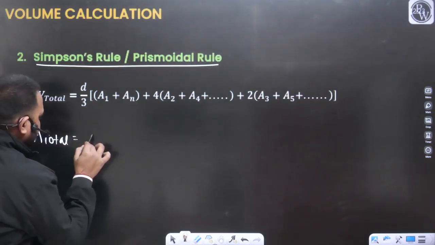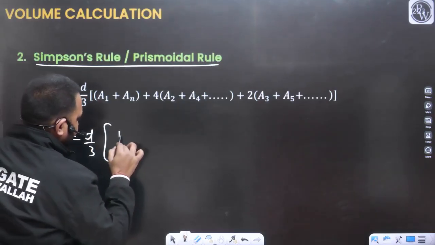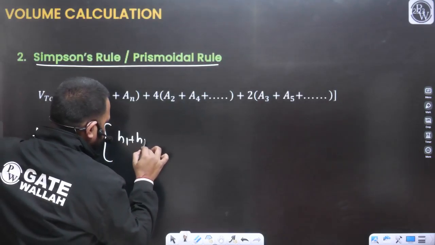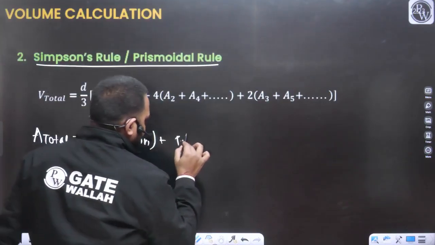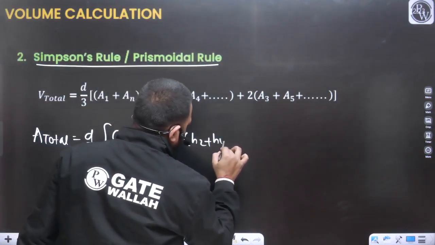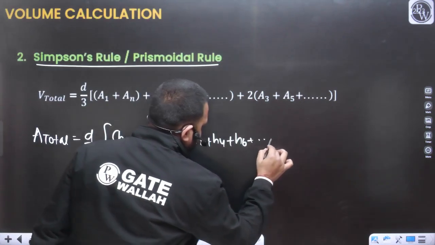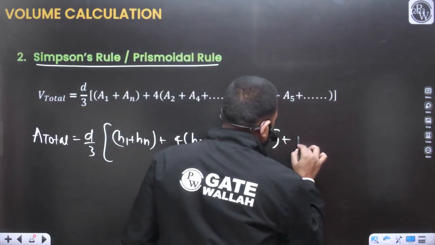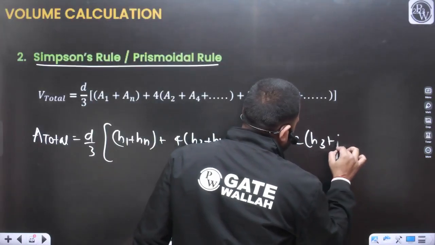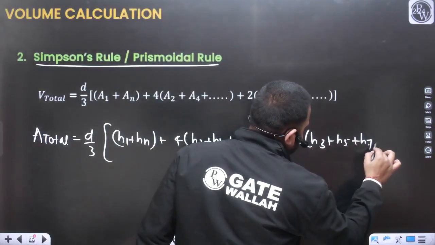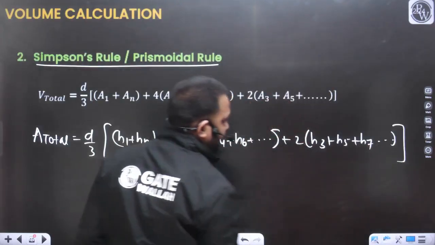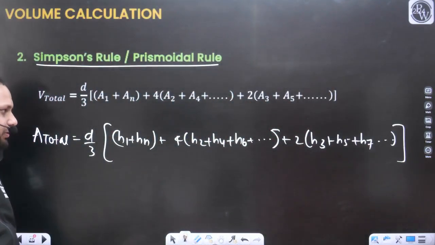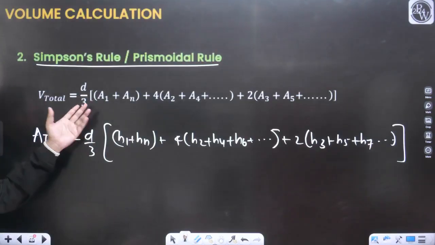So it will be equal to D by 3 into first and last, H1 and Hn, plus 4 into H2 plus H4 plus H6 and so on, plus 2 into H3 plus H5 plus H7 and so on. This we have discussed for the area, and here we are considering the volume.